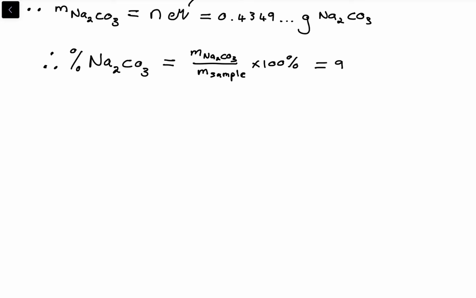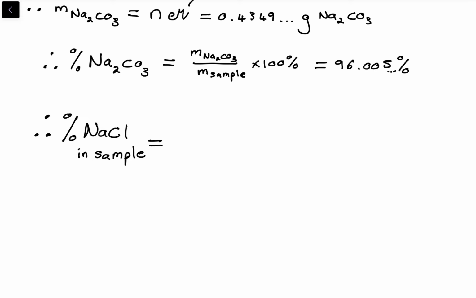You should get a value of 96.005%, and dot dot dot, because that's not yet our final answer. So therefore, the percentage of the sodium chloride is just going to be the other part. So percentage of sodium chloride in sample is equal to 100% minus the percentage sodium carbonate, and rounded to three significant figures, 3.99%.